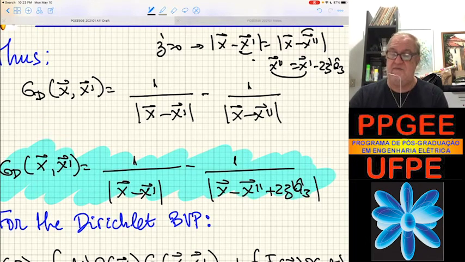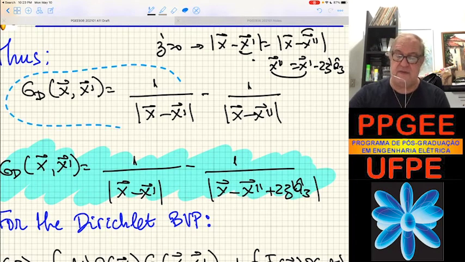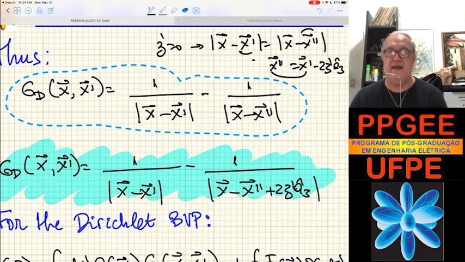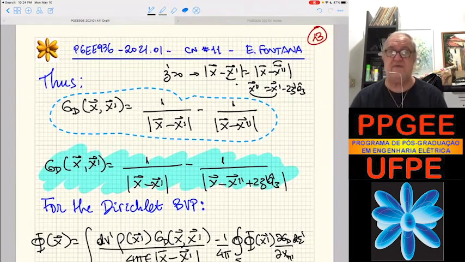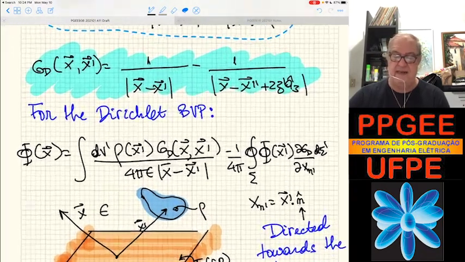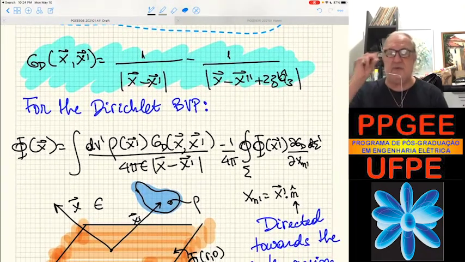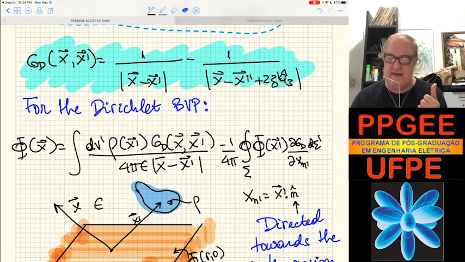So this function is 0 at z equals 0 and at z going to infinity. That's the Green's function for the Dirichlet boundary value problem, and that's what we need to solve any problem.